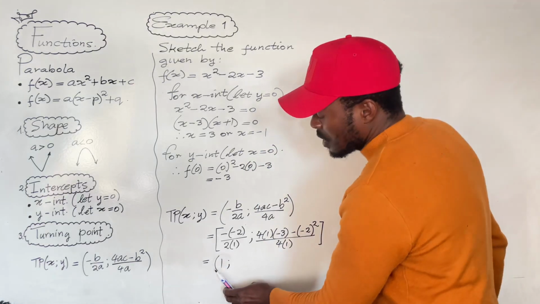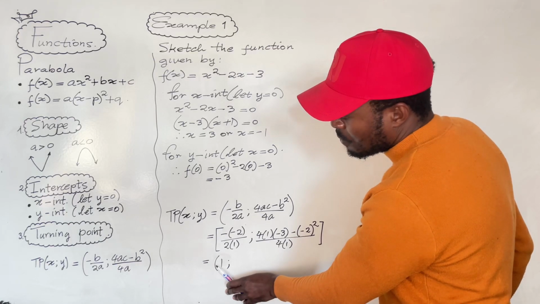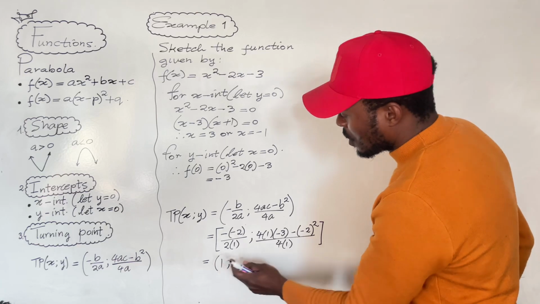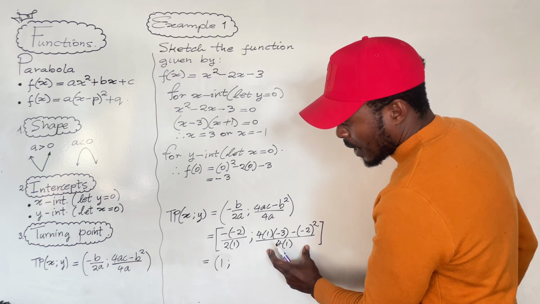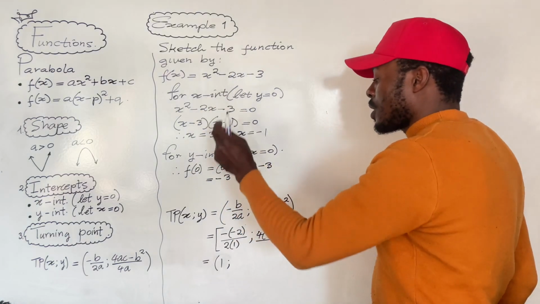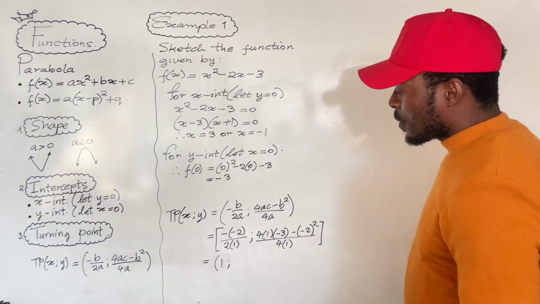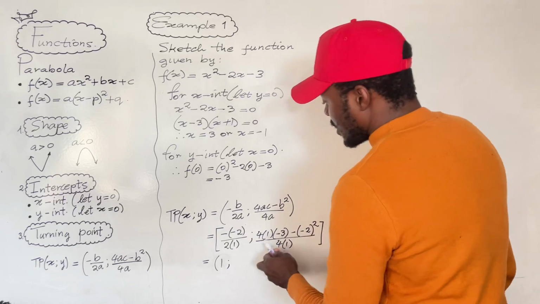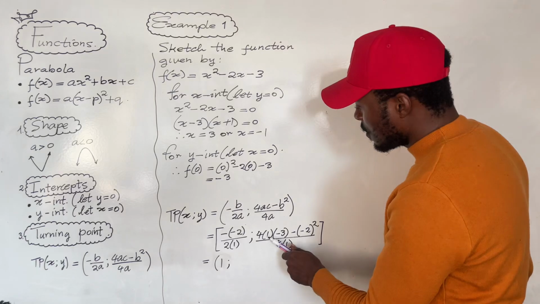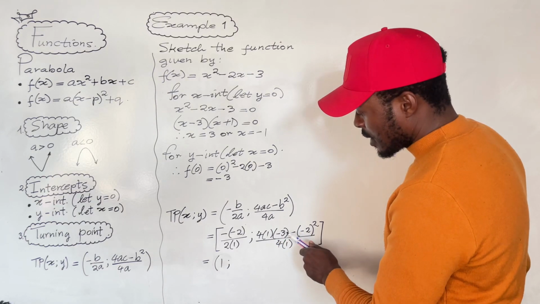After you've determined the x coordinate of your turning point, you may also use this x value, should you not use the y coordinate formula. You may substitute the x value in your original function and you will get the same y coordinate. In this case, let's determine the y coordinate. We have 4 times 1, which is 4, and then 4 times minus 3 is minus 12.